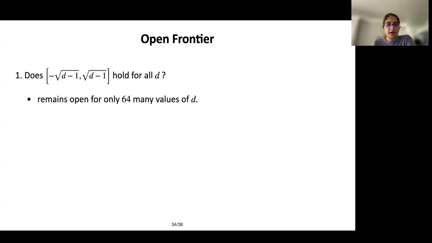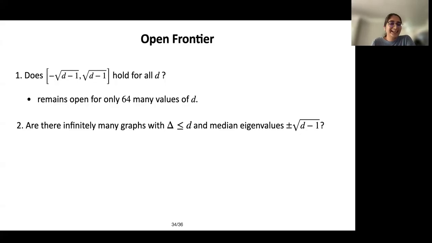I believe it should be possible to prove, but we might need a more structural argument, because the current methods are probably not the right tool. But I have quite strong confidence that it should be true and we should be able to prove it.